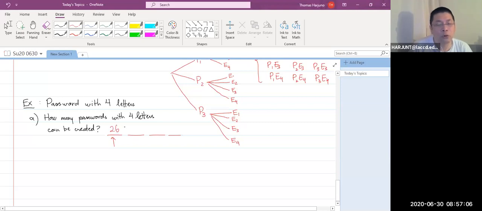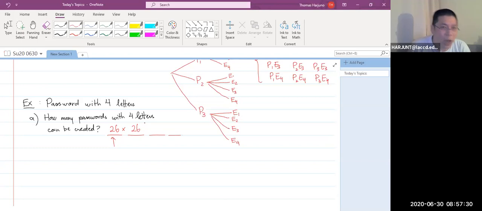Then for every choice you make there, how many letters do you have to choose from for your second letter in your password? That will still be 26, right? Thomas, it doesn't say that we can repeat or not. Well, because it doesn't say we can repeat or not, then assume we can repeat it. Because if I cannot repeat it, the question is supposed to say it, right? Okay, yeah.